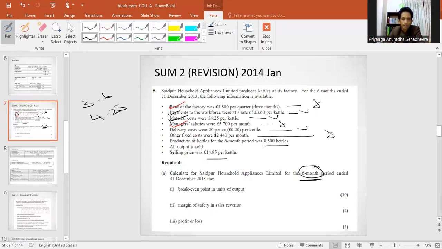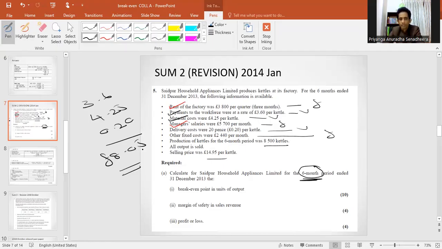And next one will be 0.20, I'm sorry. So addition, this will be the variable cost per unit, 8.05 pounds. It's a variable cost per kettle.